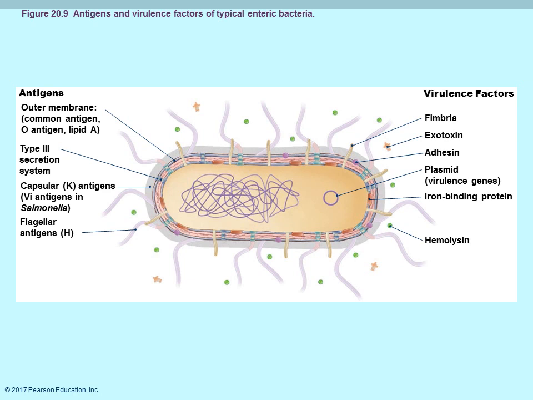Some of them will secrete different factors, such as hemolysin, which is going to be used to break down red blood cells. Some of them will have adhesins, which help them to stick or adhere to the host cell, your cell. Some of them will contain plasmids, which often may carry virulence genes or antibiotic resistance genes. Some of them will secrete exotoxins.